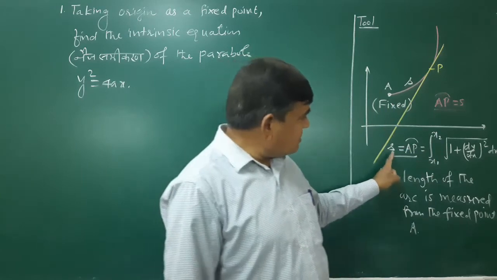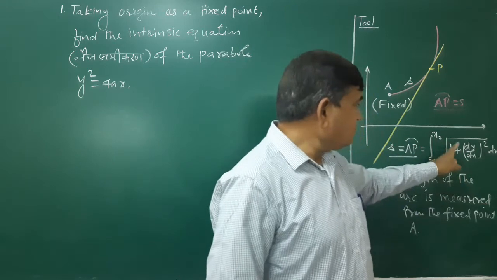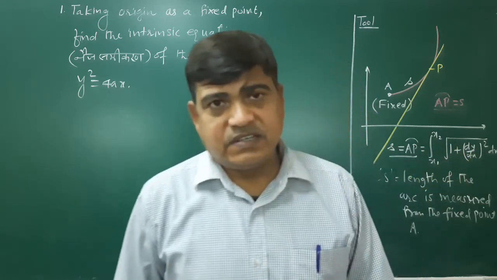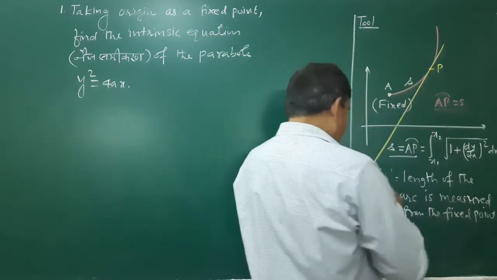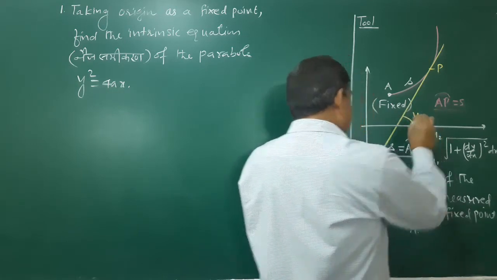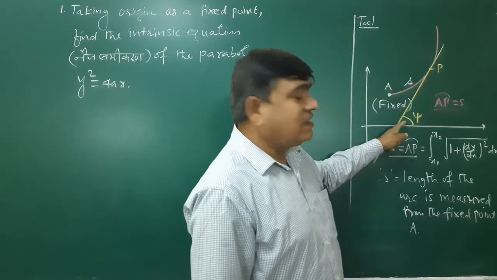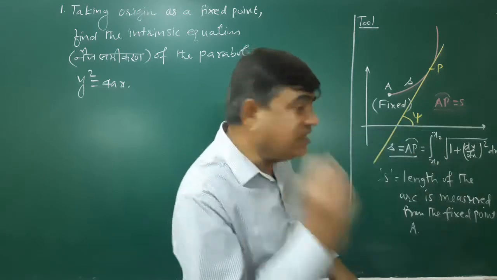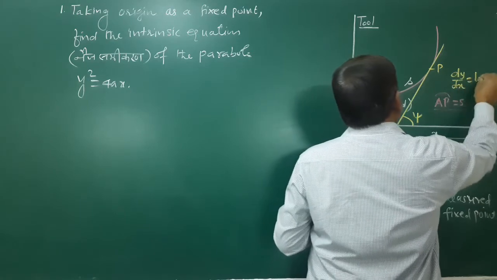So this result is given in terms of x. So definitely S is a function of x. What is the intrinsic equation? That is the relationship in S and psi. What is psi? Psi is this angle. The tangent makes an angle psi with x-axis, and you know that dy by dx is tan psi.